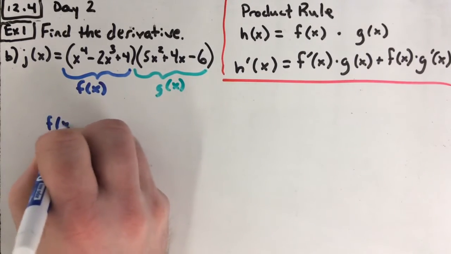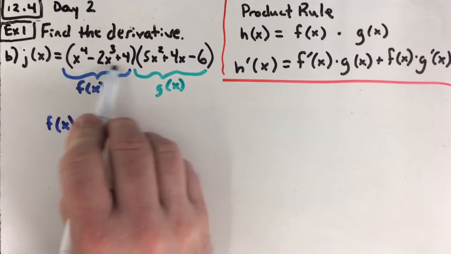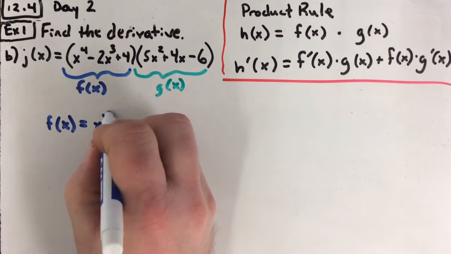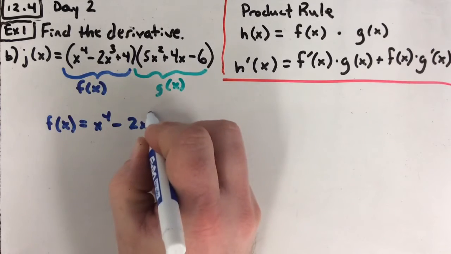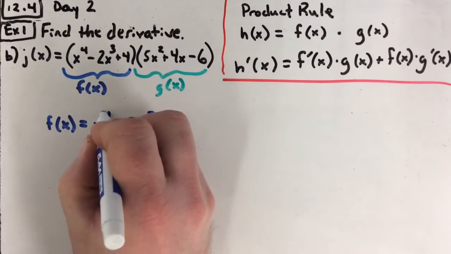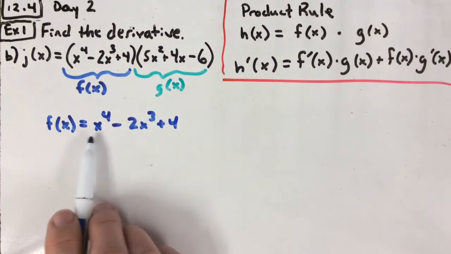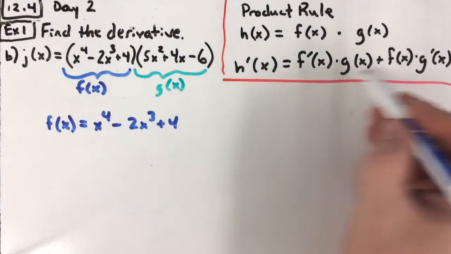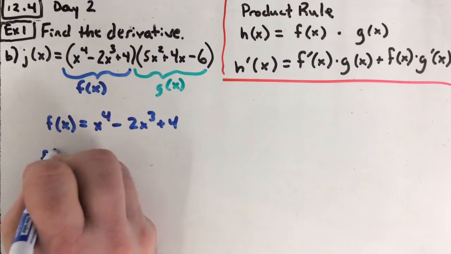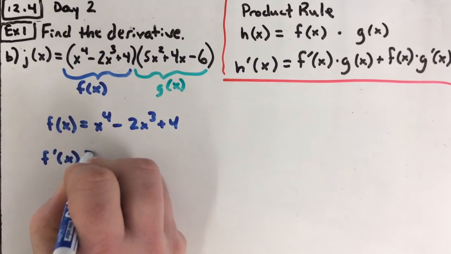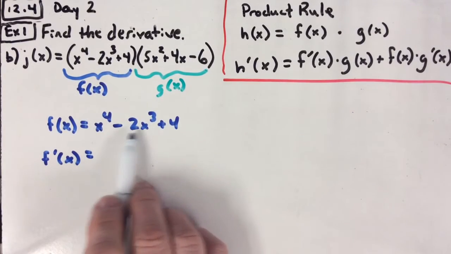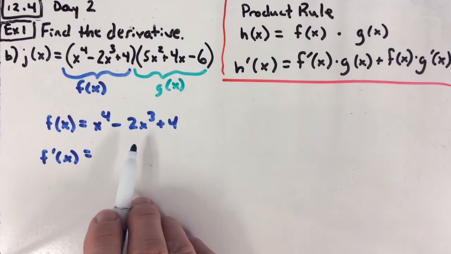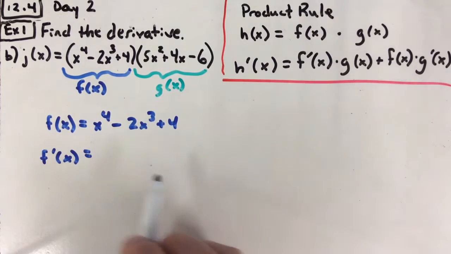First, I need f of x, the original function, which is x to the fourth minus 2x cubed plus 4. And then I am going to need f prime, the derivative, when I use this formula. So I'm going to write down the derivative of function f, and I'm going to use that 12.4 day 1 shortcut, the power rule.